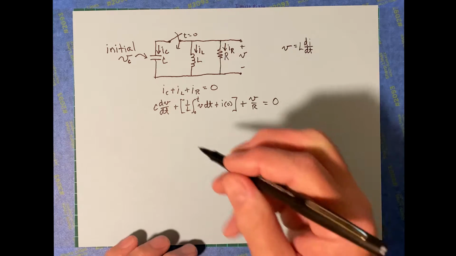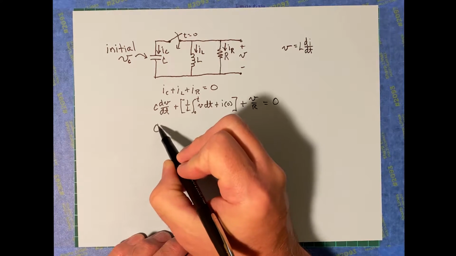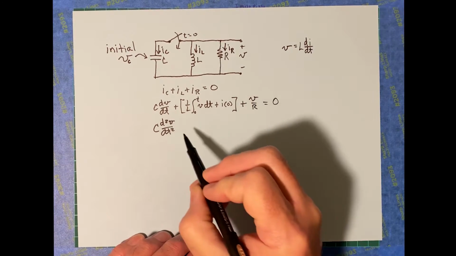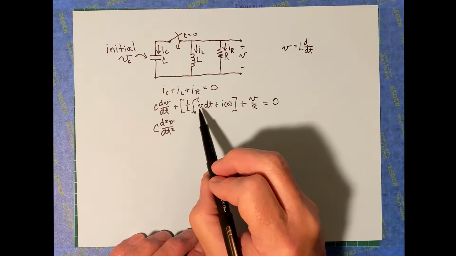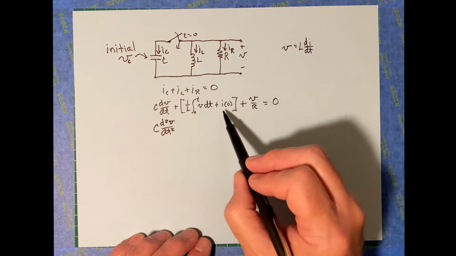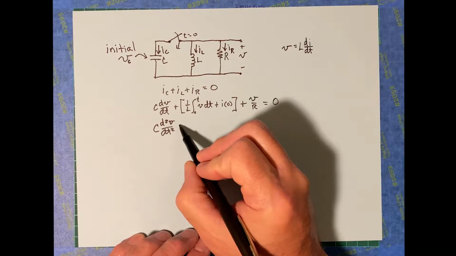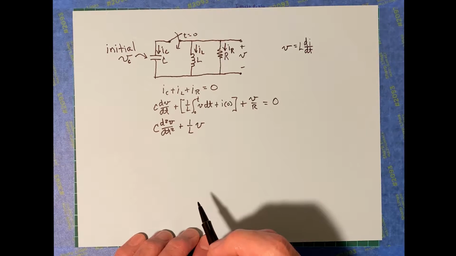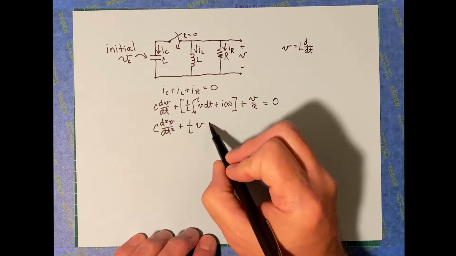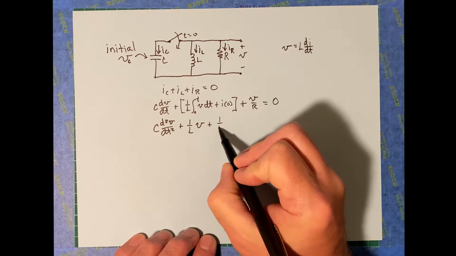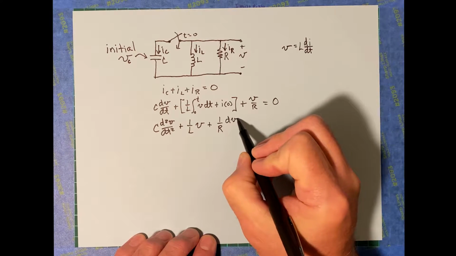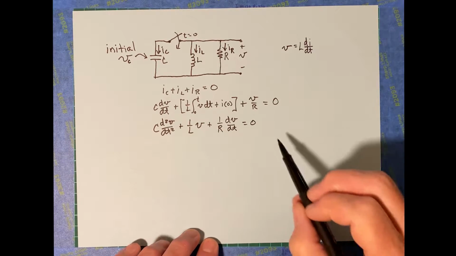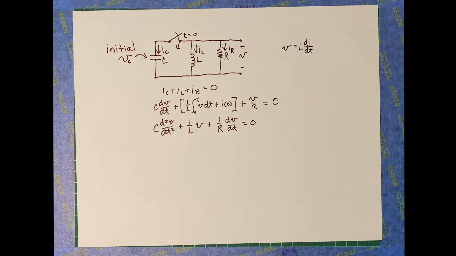When we do that, we get C d squared V/dt squared for that term. Taking the derivative of the inductor term, the integral goes away, and we're left with plus 1 over L V. And when we take the derivative of the last term, we get 1 over R dV/dt equals 0. Taking the derivative of 0 just gives you 0.